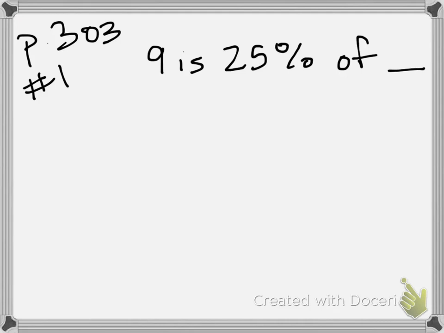Now, this part right here where it says 9 is 25%, that's giving it away that 9 is the part. Okay, it's saying 9 is only 25% of something.